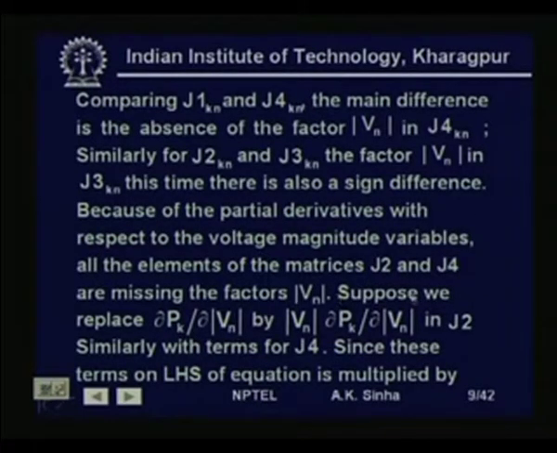Now, suppose we replace this ∂Pk/∂Vn by multiplying it by Vn, the magnitude value.